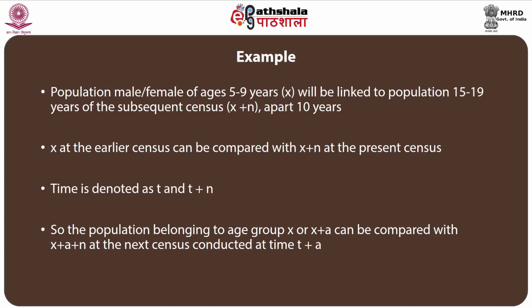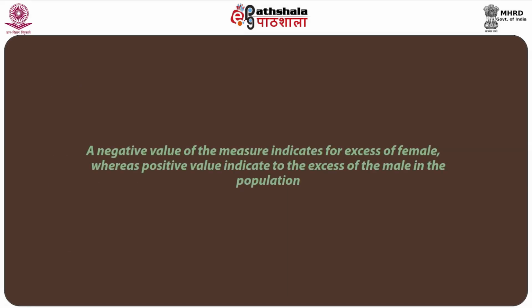The population belonging to age group X to X plus A can be compared with X plus A plus n on the next census conducted at time t plus A. The cohort survival ratio is given by n, the population in a particular census, of X plus A, for a particular age group, at t plus a period, divided by the n x, the population at a particular age at point in time t.